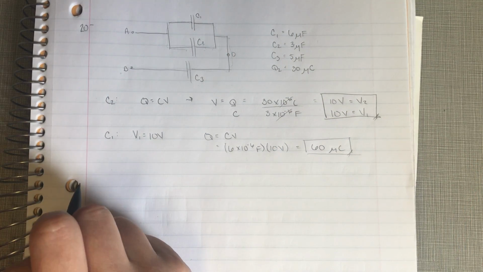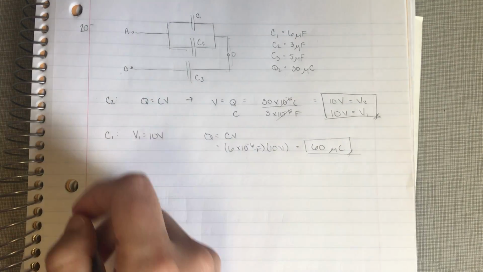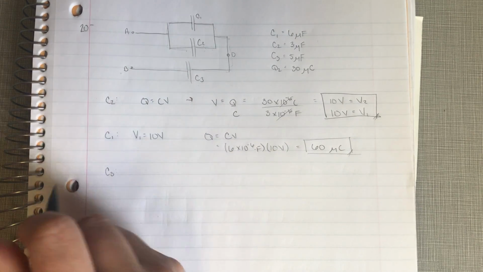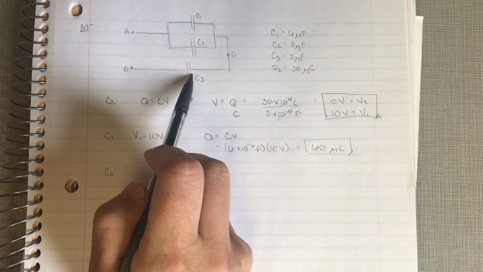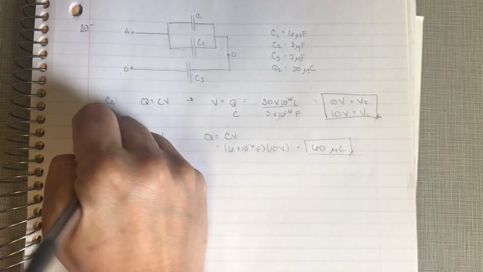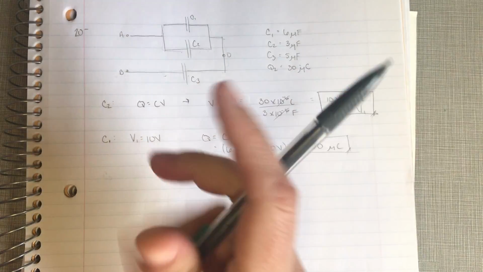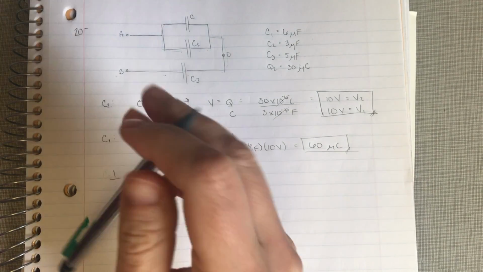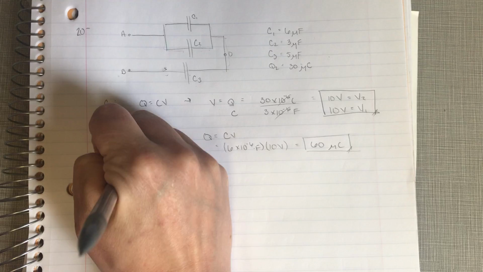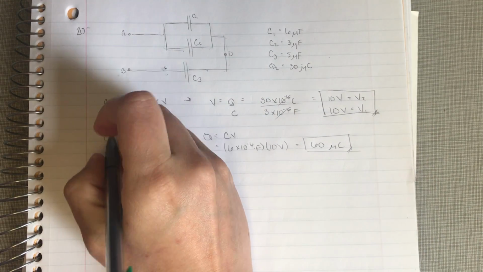Alright, so now down for C3. We know that this combination is in series with this combination. So let's find the equivalent capacitance of C1 and C2. So they are in parallel, which for capacitors means we can just add them together.